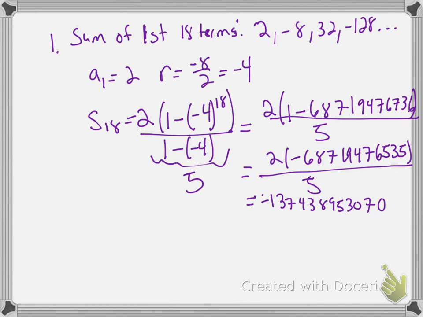And I'm going to arrive with negative 27,487,790,694. Double check your math on that again. I'm using an iPhone, but that looks about right.